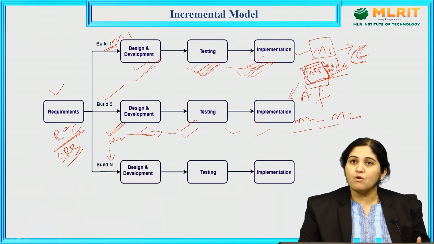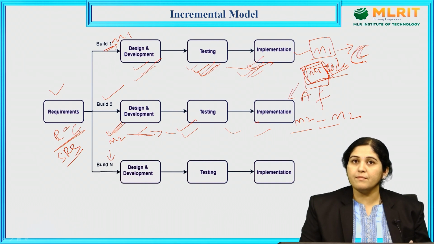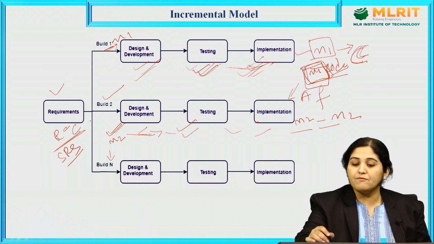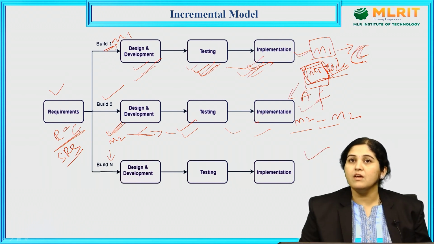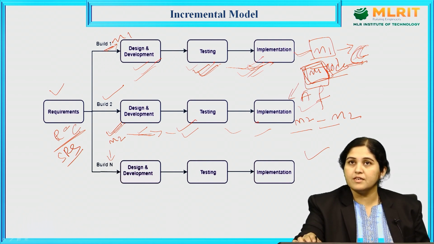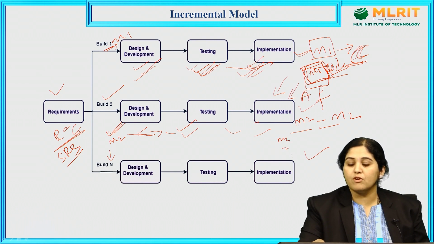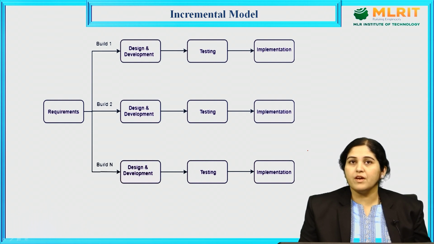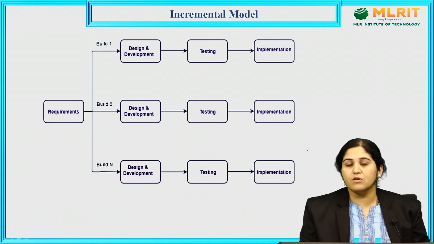So like this, from module 1 to module n, we are incrementally developing an application after gathering the requirements. And the main focus here is that after every implementation stage of the modules, we are releasing that to the customer. Module 1 done, release to the customer. If there is any feedback or removal of things, that will be done in module 2. Then like that module 3, module 4, up to module n, we keep on incrementing and developing the application. So this is how the incremental model architecture looks like.